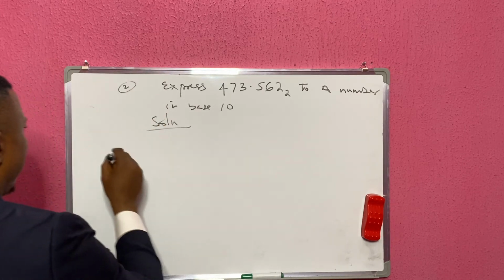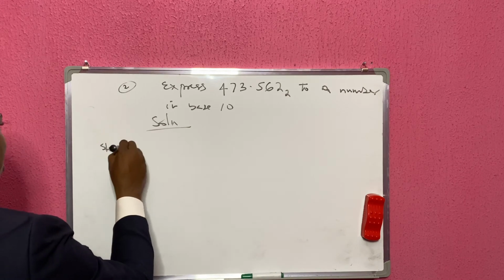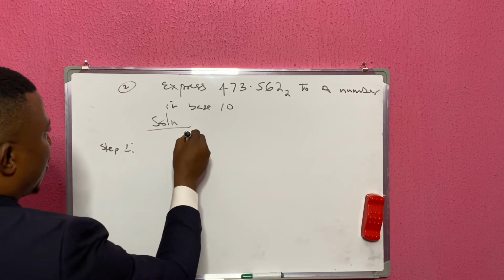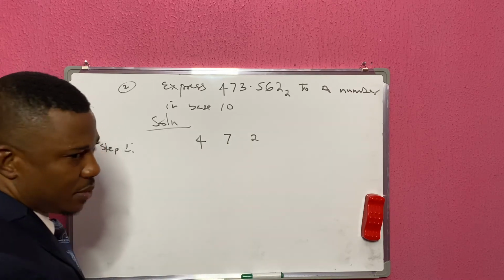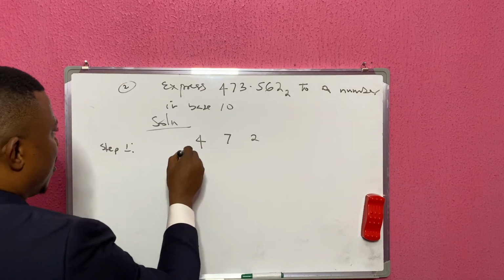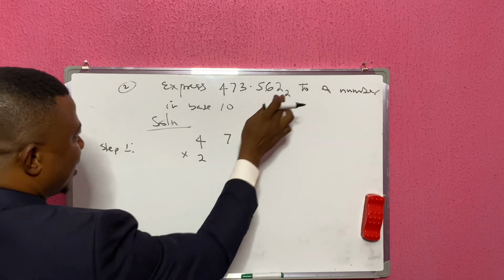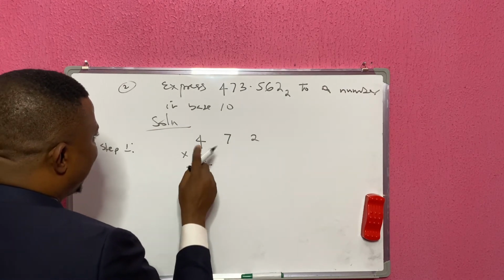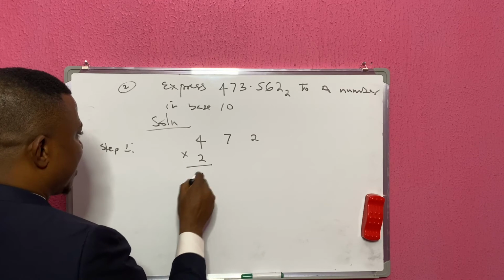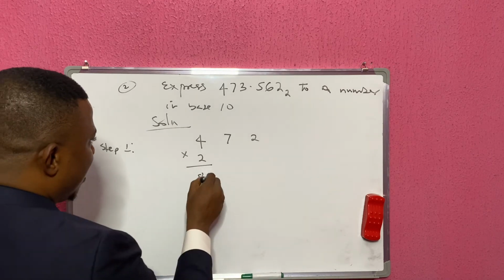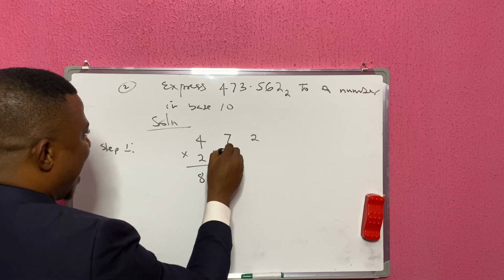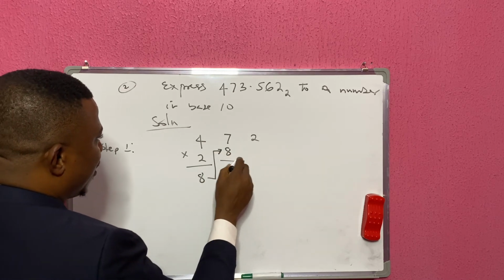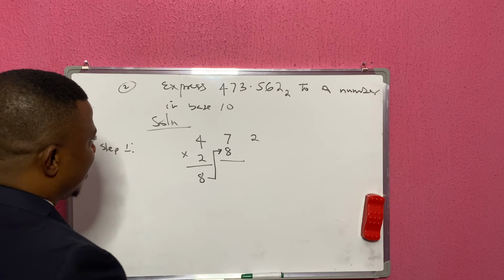So we say, step 1: 472. Multiply by the base. The base is 2. You have 2 times 4 gives us 8. Now, you are going to add 8 to 7 to give us 7 plus 8 is 15.